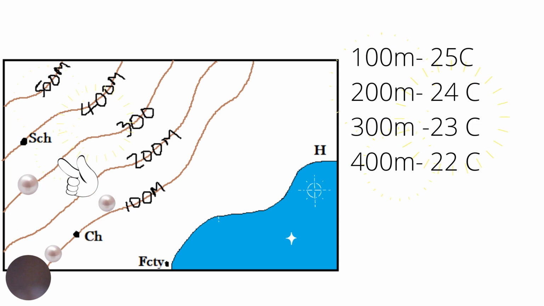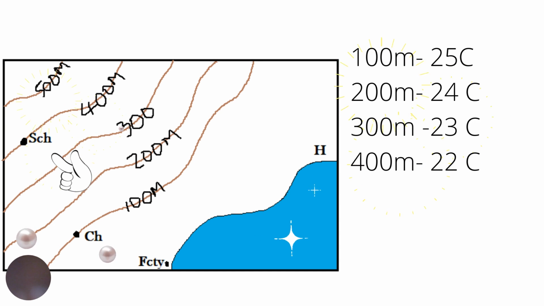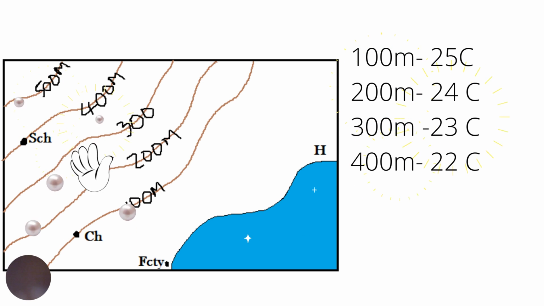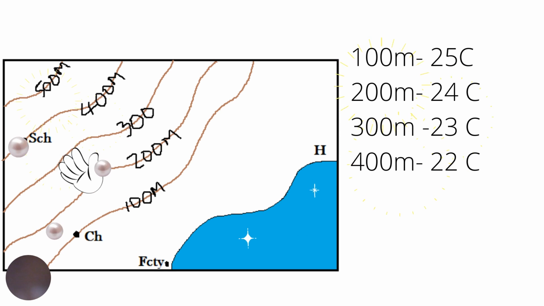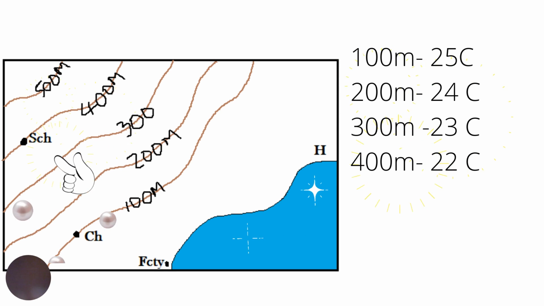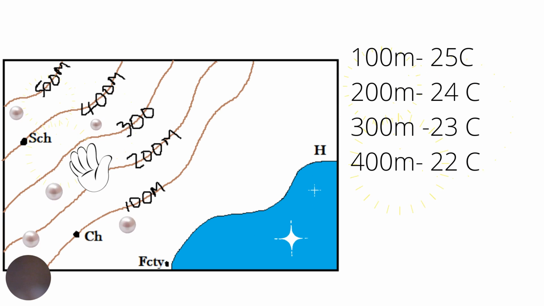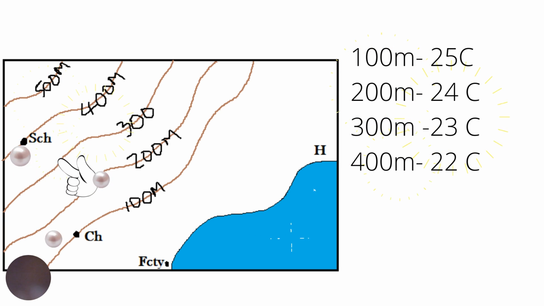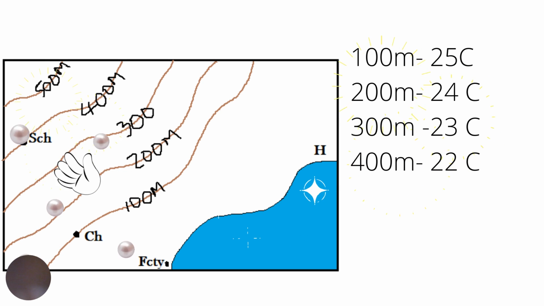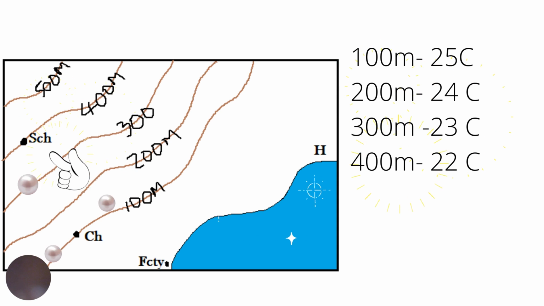If when the air parcel reaches the level of the church, which is 100 meters, it is 25 degrees Celsius, then it means that when it reaches 200 meters, and we're looking at it in terms of the dry adiabatic lapse rate. So remember, the dry adiabatic lapse rate is going to be decreasing by 1 degree Celsius for every 100 meters.